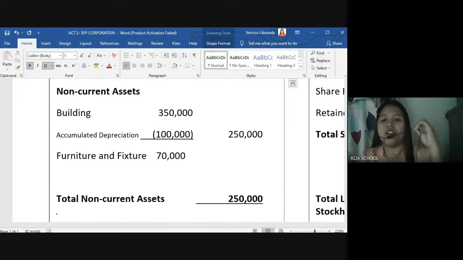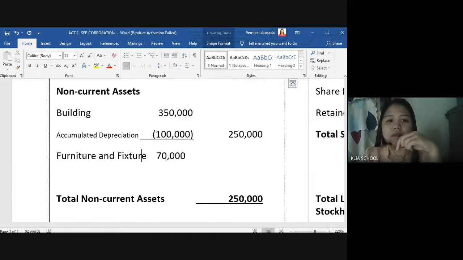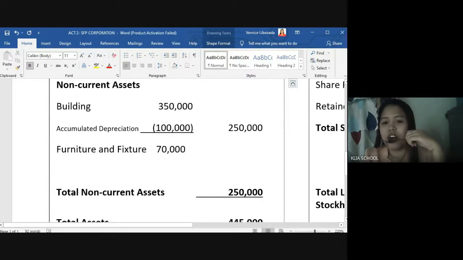12. Okay, so suma total, how much is our or what is the amount of our total assets? Simran. 445,000 po. Okay, 445,000. Does all of you get this answer? Get this total? Wow, gagaling naman. Pwede na mag-exam talaga.